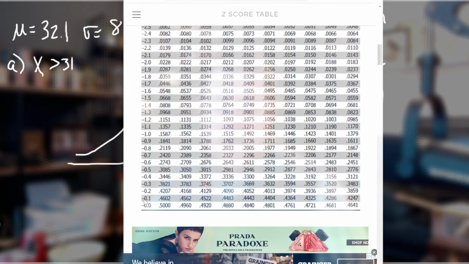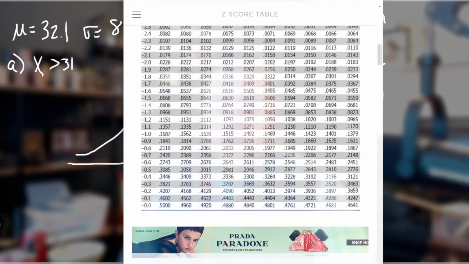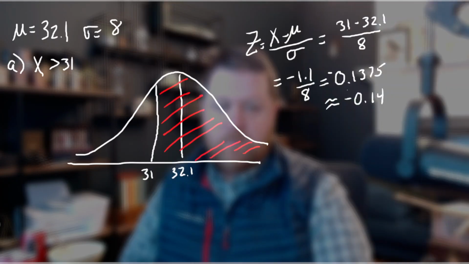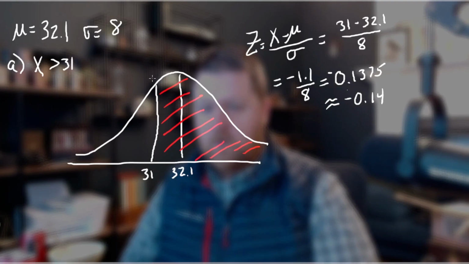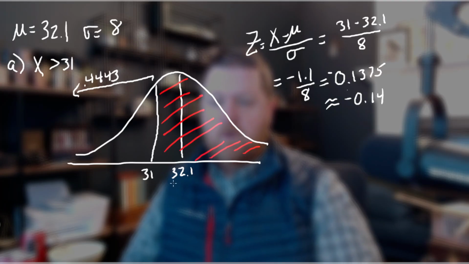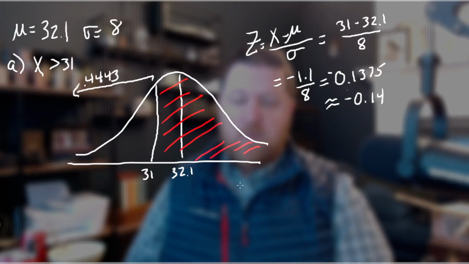We're going to the negative 0.1 row and the 0.04 column. And so that's giving us the area to the left as 0.4443. All right. So let's now write that in. The area to the left is 0.4443. Great.